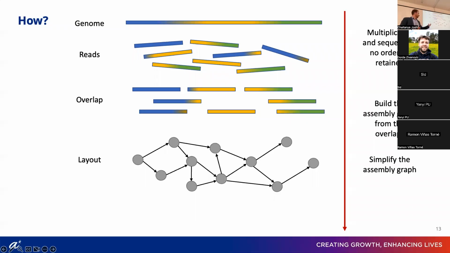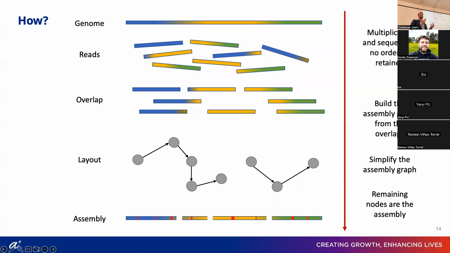So the next step, which most of the standard assemblers do, is called layout. They try to find some patterns in the graph and simplify them by removing nodes and edges to get some paths in the graph.